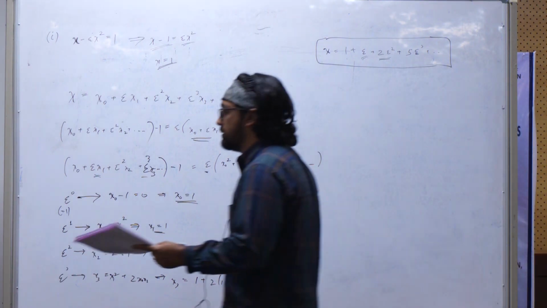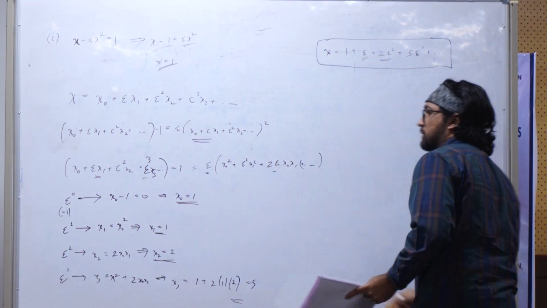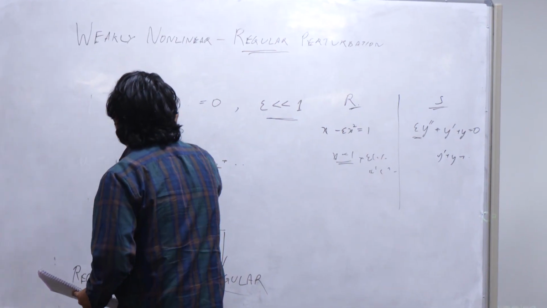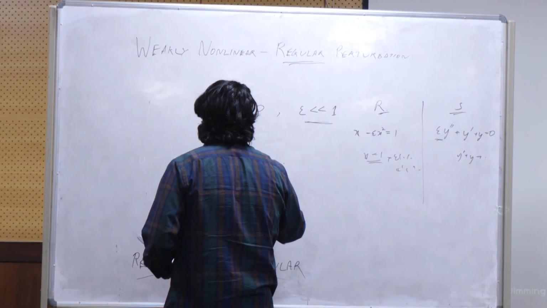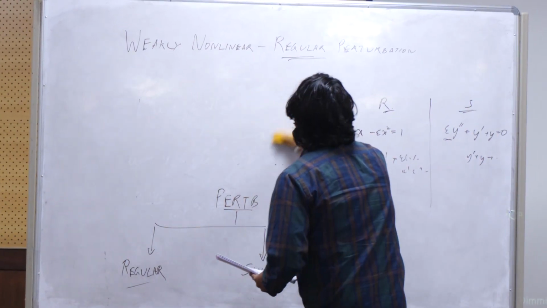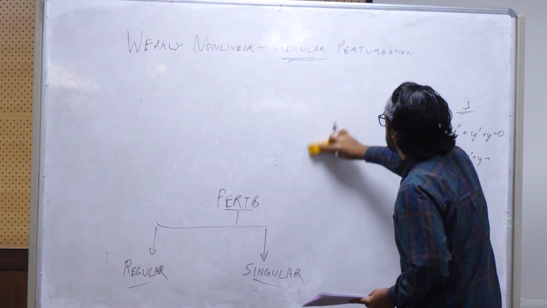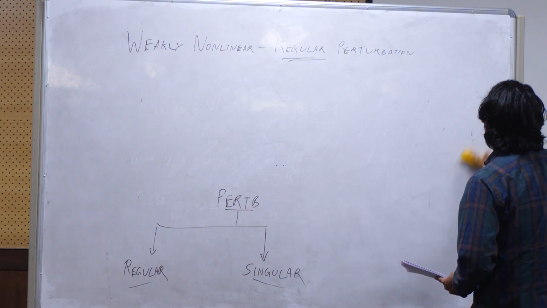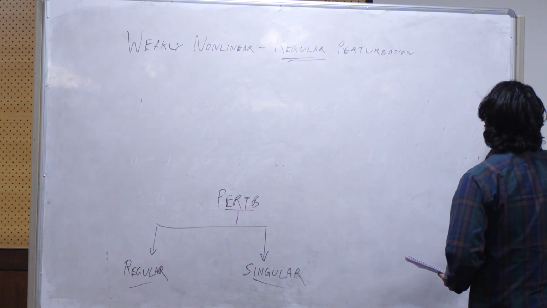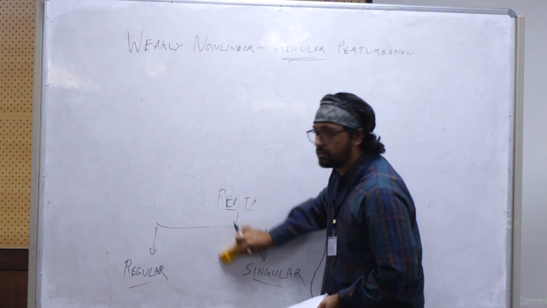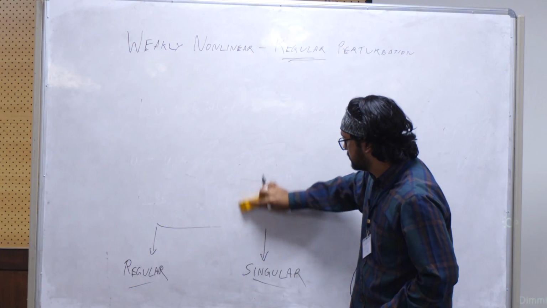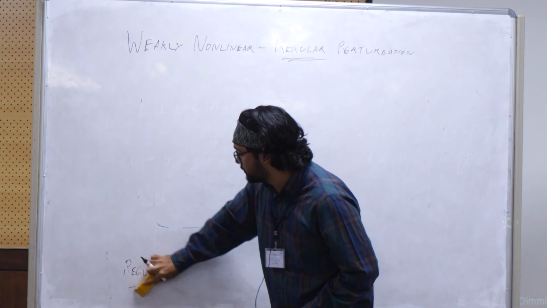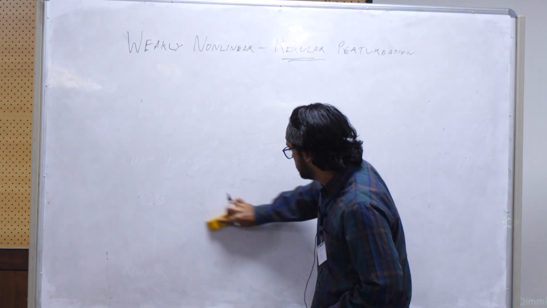Next, let's study a slightly more complicated problem, which is a differential equation. One such differential equation involving a regular perturbation scheme is the van der Pol oscillator, an example of an oscillator which is non-conservative and has a damping term of the first order.